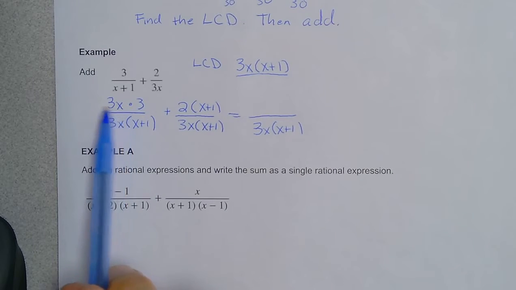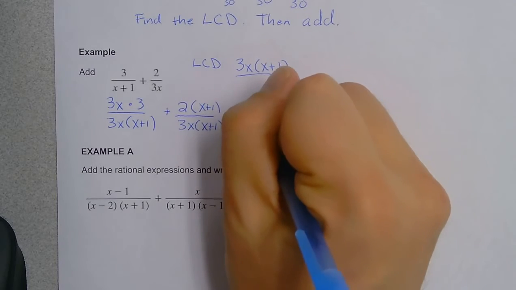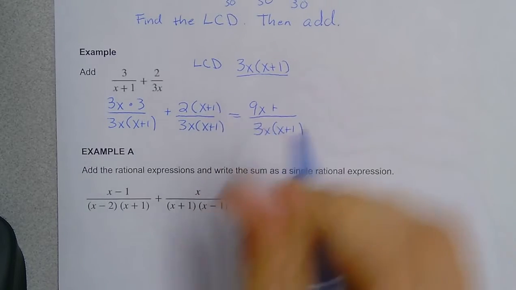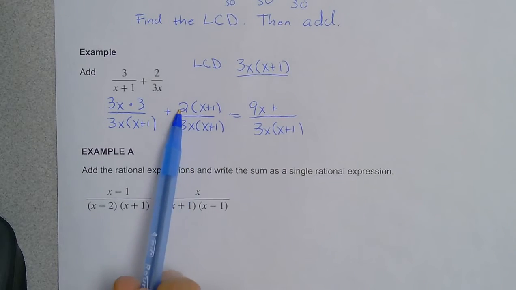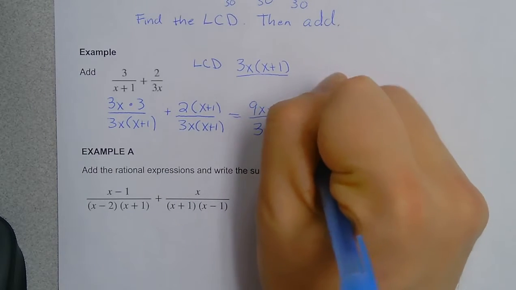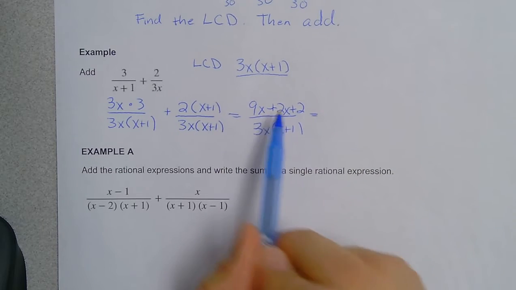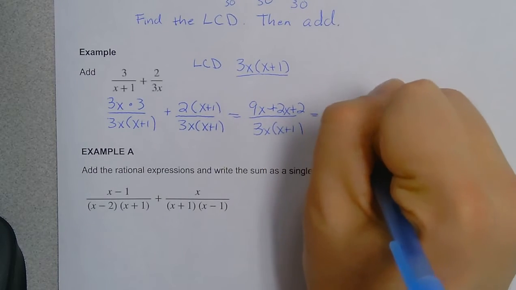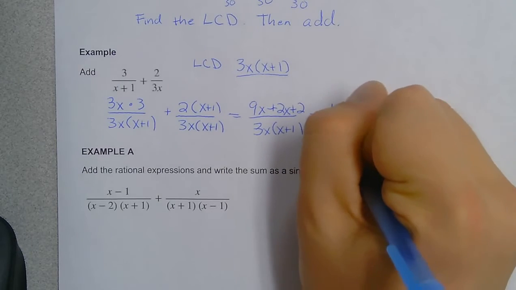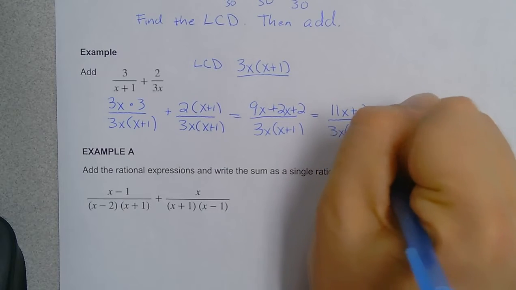And in the numerator, I'm just going to simplify both pieces. So 3x times 3 is going to give me 9x, plus, distributing 2(x plus 1), I'm going to add 2x plus 2. So now as I add that, 9x plus 2x is 11x plus 2 over 3x times (x plus 1).